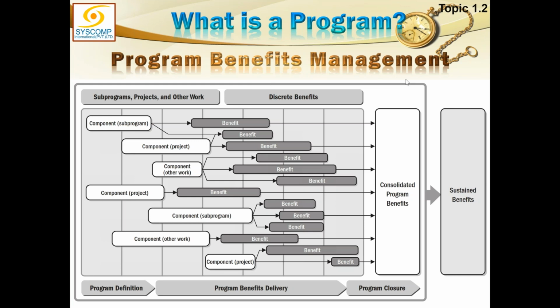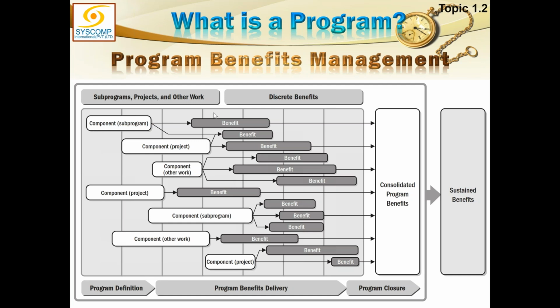Okay, so here you can see the program delivery definition happening. Program definition means setup of the program and the management plan, and not only that, but also initiation of those components.